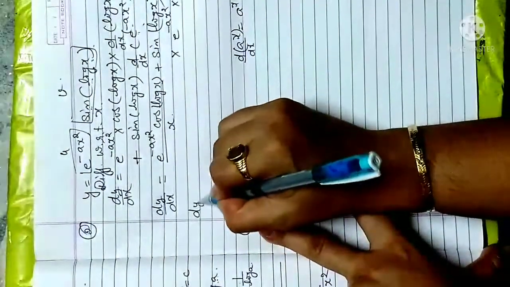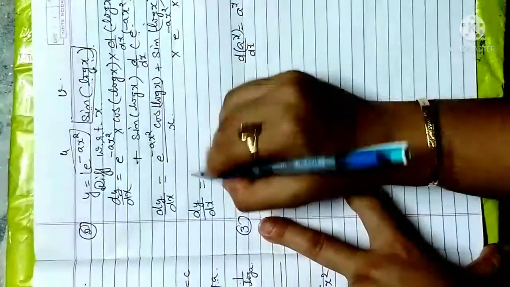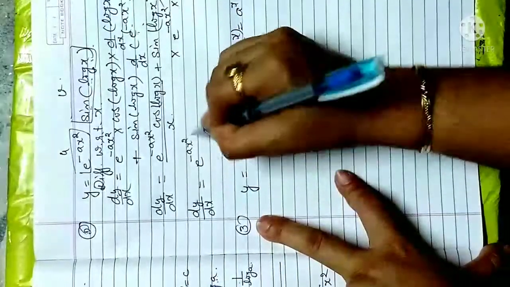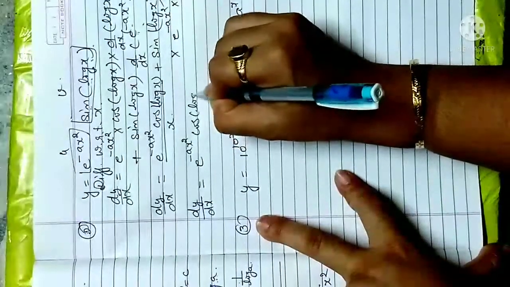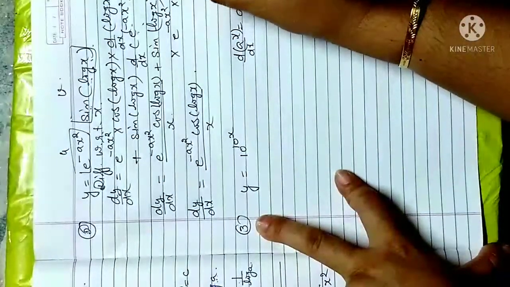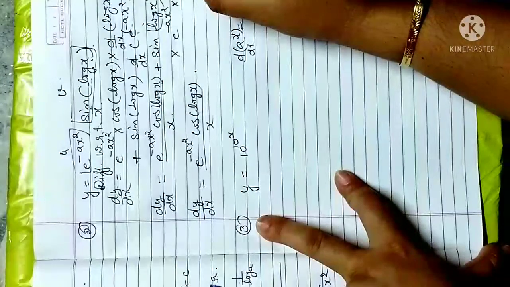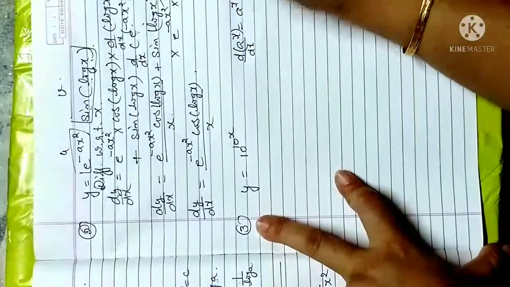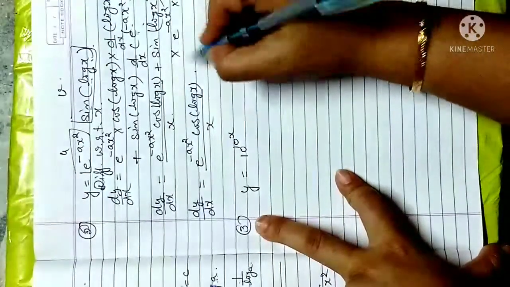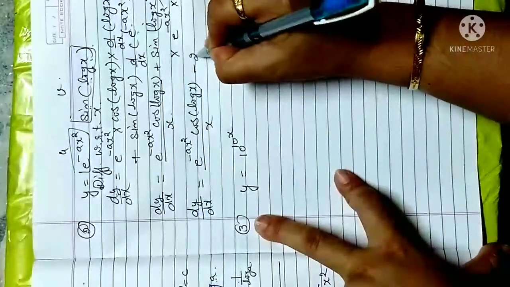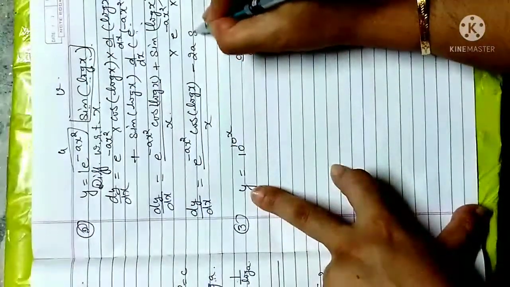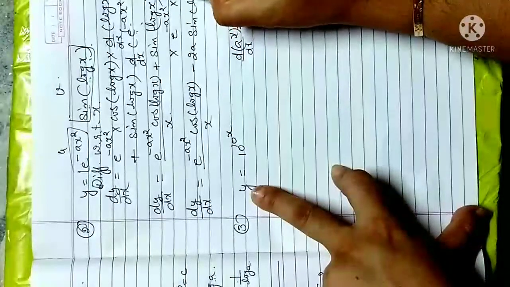Now my term will be dy by dx is equal to e raised to power minus ax square cos log x by x, and when you differentiate this one, it becomes minus 2, because minus a is constant and x square differentiation is 2x, minus 2ax, that becomes negative 2a.